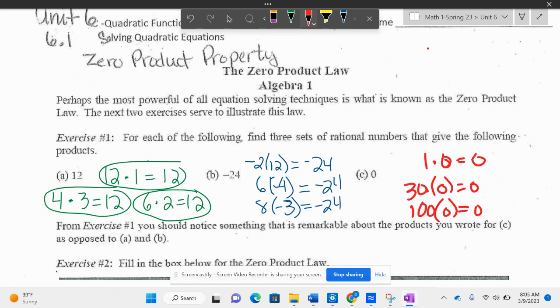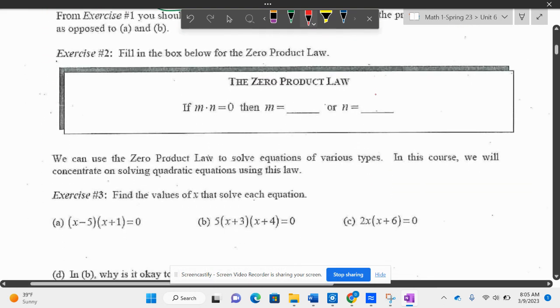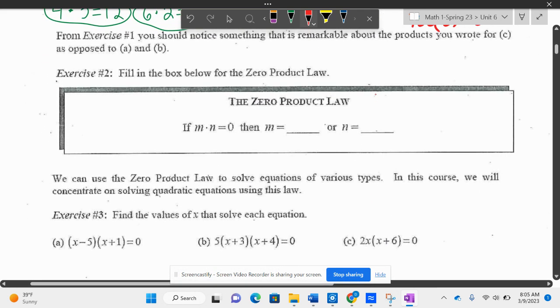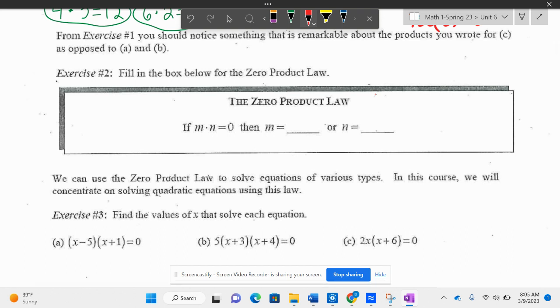That's what the zero product law says. Using plain variables, if m times n equals 0, then either m equals 0 or n equals 0. One of those numbers has to be 0. That's the only way to get a product of 0.